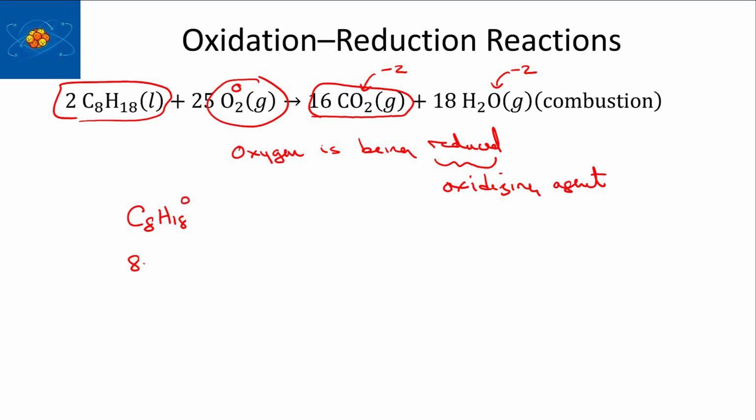So I have 8x plus 18 times the 1 plus for the hydrogen is equal to 0. And what I get is that x is equal to 18 over 8, which is 2 1/4. Sorry, -2 1/4, because I have to bring it over to the other side.